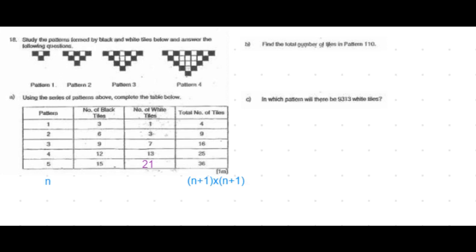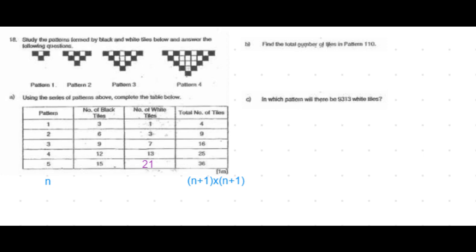Coming to part B of the question, find the total number of tiles in pattern 110. We see that the total number of tiles is a square number. So for pattern 1, it is 2 times 2. Pattern 2 is 3 times 3, which is 9. Pattern 4 is 5 times 5, that is 25. For pattern n, the number of tiles should be n plus 1 times n plus 1.